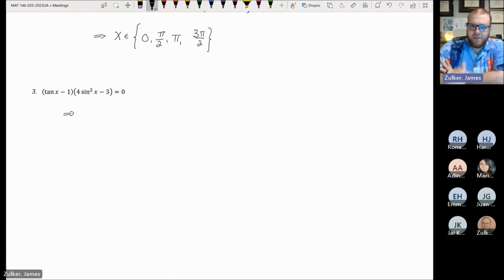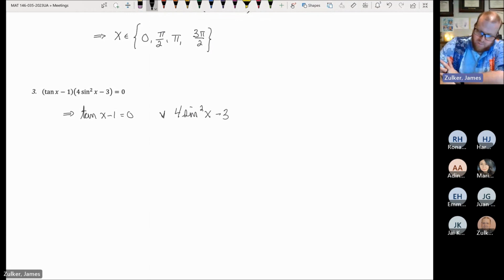Again, we use the zero product property. That would mean that either tangent of x minus 1 is 0, or 4 sine squared of x minus 3 is 0.